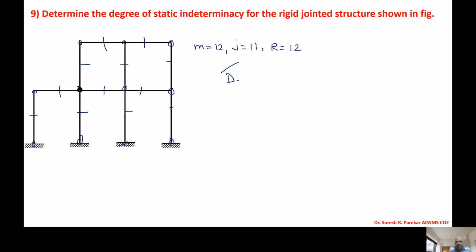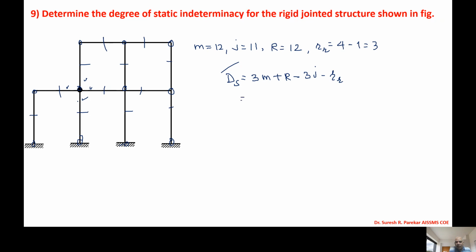And then DS we will get as 3m plus r minus 3j minus rr. Now how much rr we will get here? So you can see the number of members connected are 1, 2, 3, 4. So rr is equal to 4 minus 1 equal to 3.